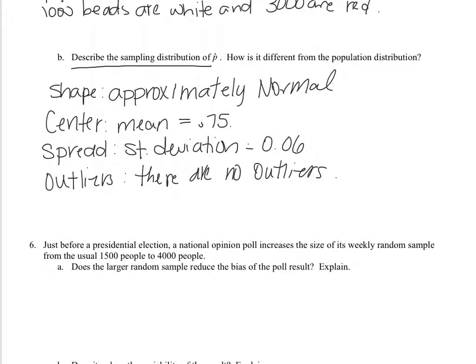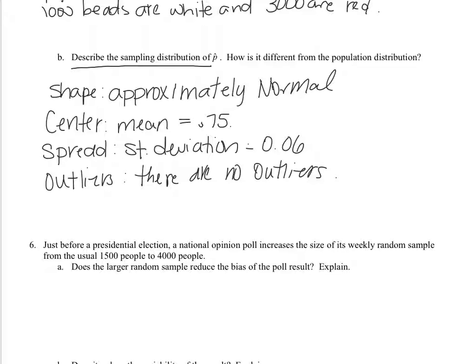How is this different? Remember that the population distribution is about the individuals, and the individuals were the types of beads, which is categorical. Whereas for the sampling distribution, we just wrote down the mean, so we have actual quantitative data, right? The measurement of the amount of beads, so the mean of the proportion.